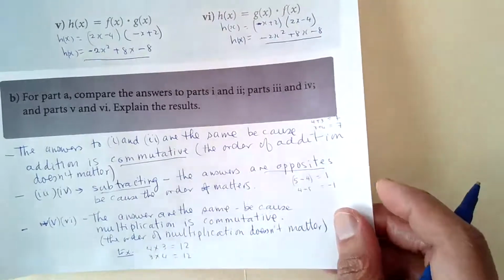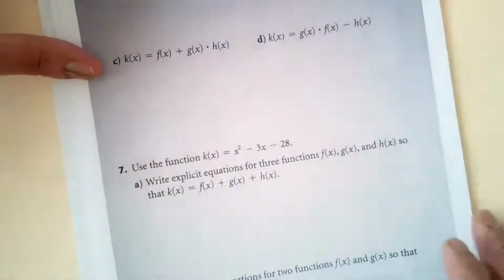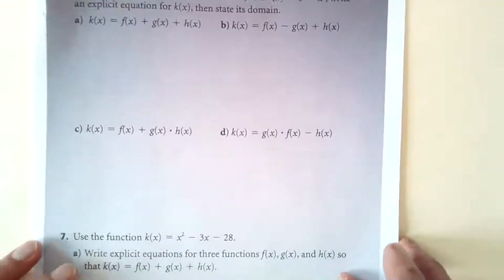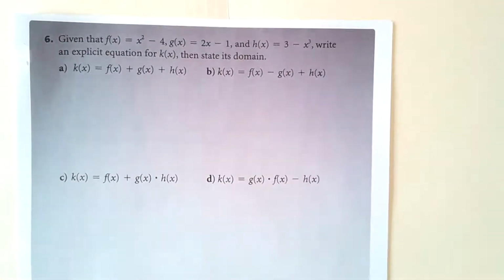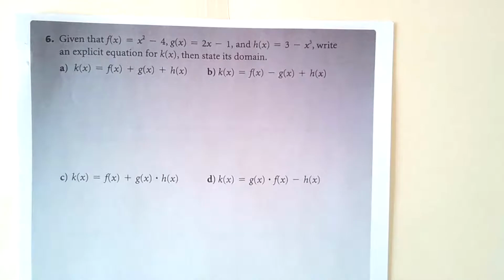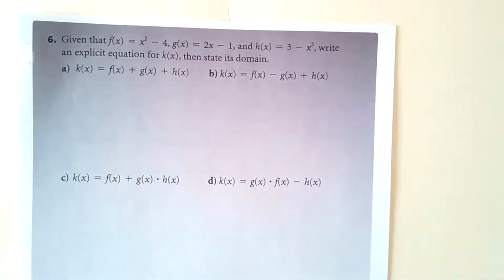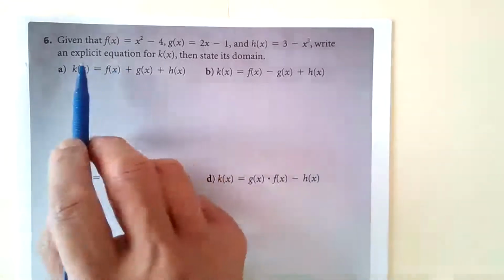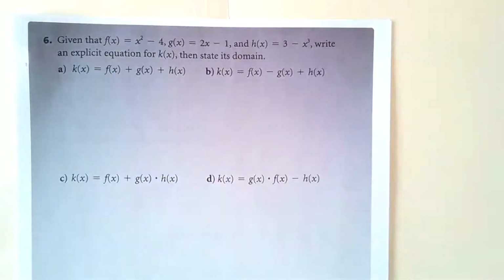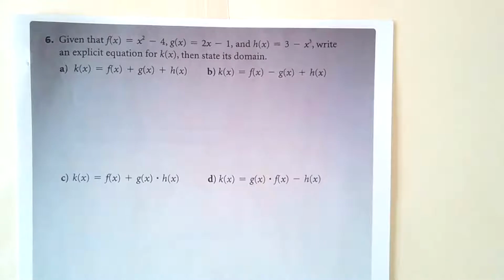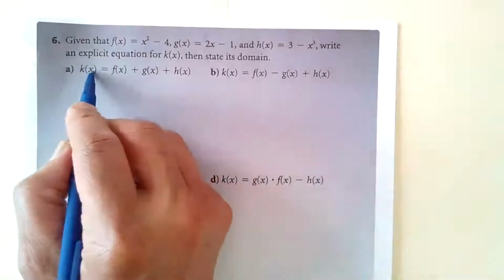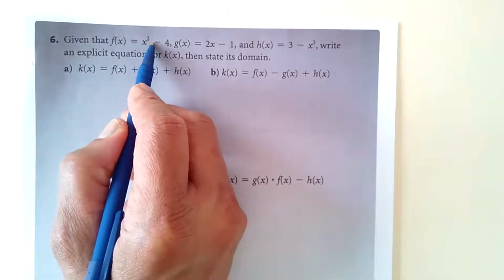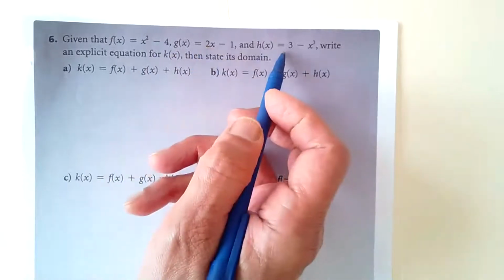Okay, I'll do a couple more examples. Let's look at example 6 or question 6. And they ask you to state a domain after writing the composite function. So we have k of x, and we're given f of x and g of x and h of x.